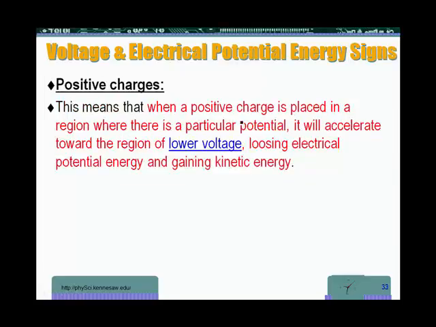So when a positive charge is placed in a region where there is a particular potential, it will accelerate towards the region of lower voltage, not higher voltage, it's the opposite, losing electrical potential energy and gaining kinetic energy. So that's the major difference. A negative charge will accelerate towards the region of higher voltage. A positive charge will accelerate towards a region of lower voltage or lower electrical potential.